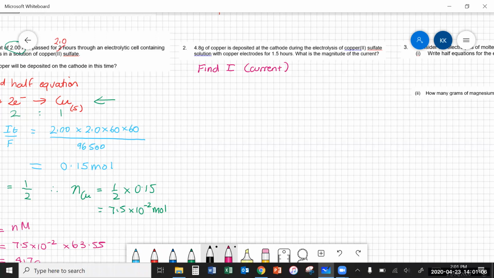So let's convert that to moles first up. Always, if you can do nothing else in any of these questions, just convert to moles. So moles of copper is equal to mass over molar mass. Mass is 4.8 and the molar mass is 63.55. So the number of moles of copper comes out to be 7.6 times 10 to the minus 2.